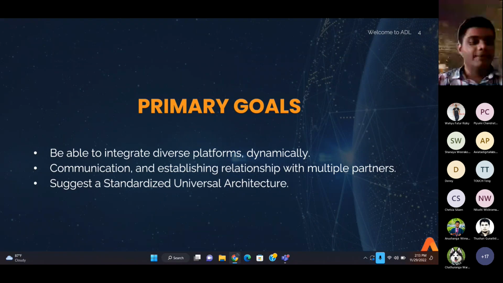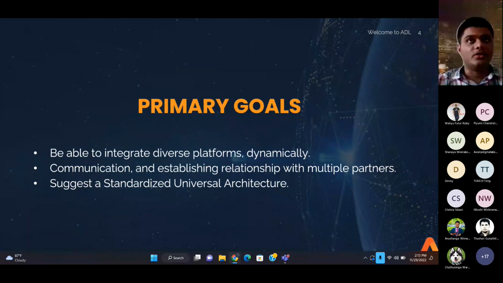And mainly communication is one of the key aspects, which is very important to establish a relationship with multiple partners. As we see, when it comes to platform business, there would be many partners involved, such as strategic partners. For example, if it is a calculator, the developer of the calculator, or a financial application which provides mortgages, then the bank would be the partner.